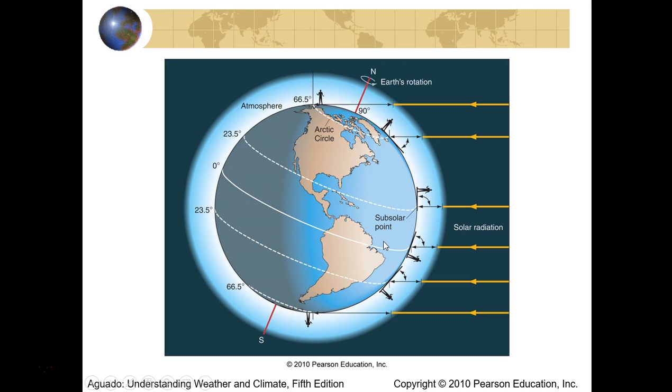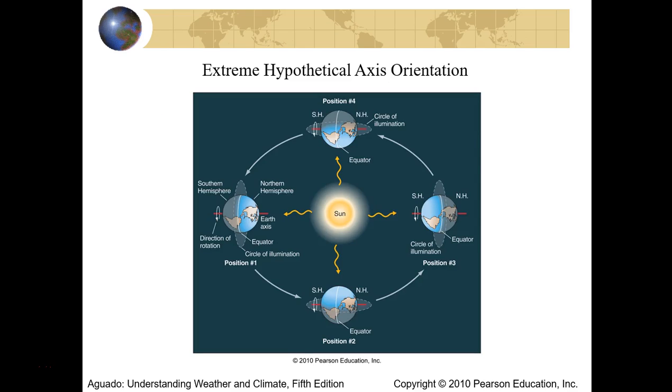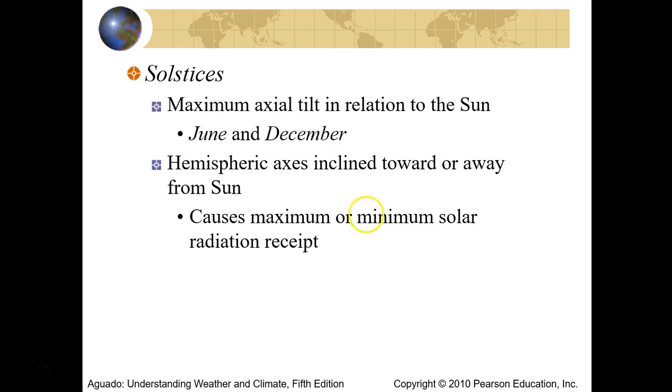So now I can go back, and I'm going to redirect you. This is where we left off. The solstices are the times of the year where each hemisphere is tilted the most towards or away from the sun. So in June, it's the northern hemisphere's 3 months to get more direct sunlight, and in December, that's the beginning of when the southern hemisphere does.